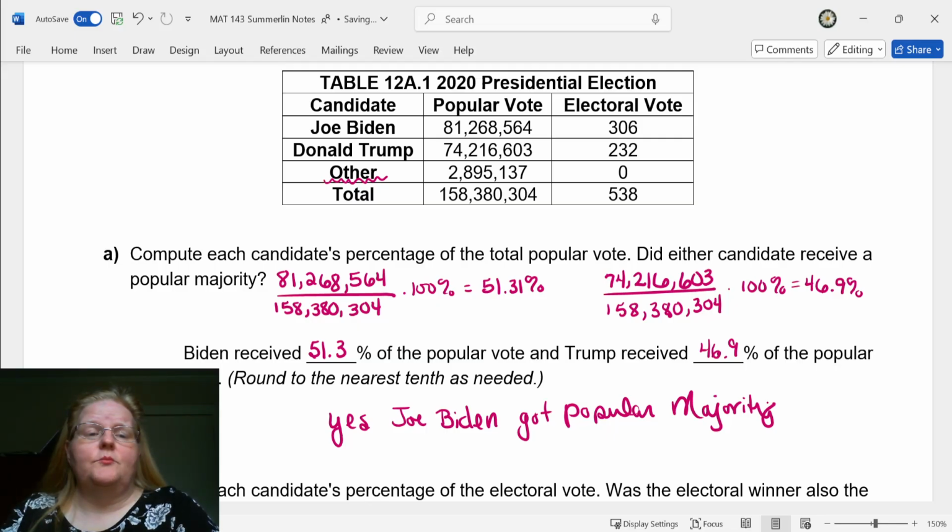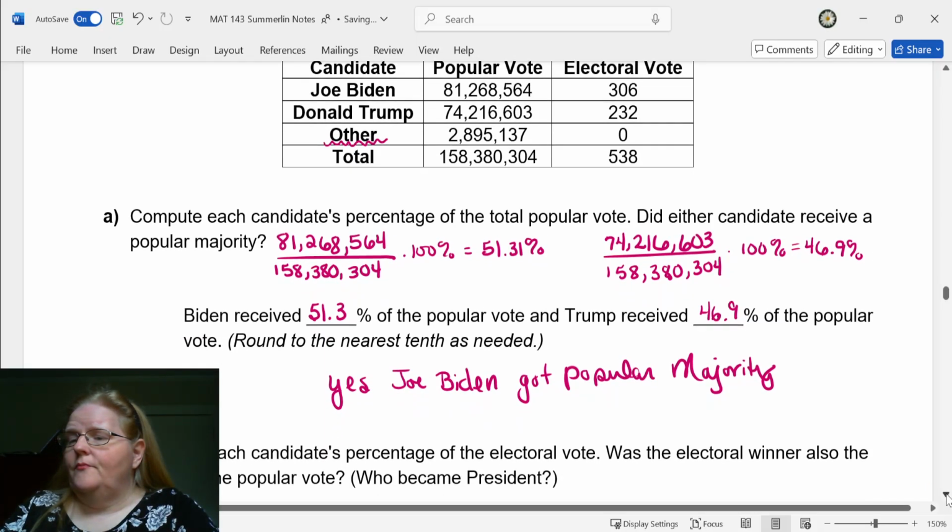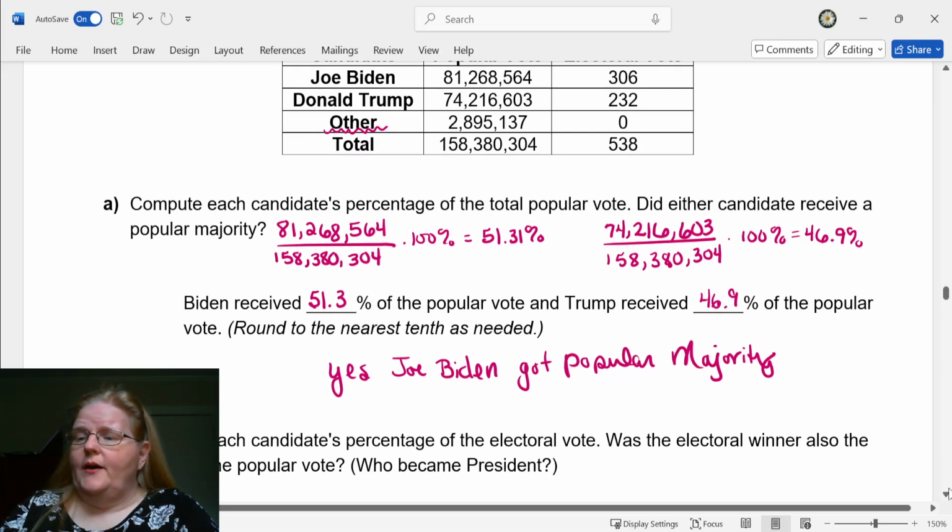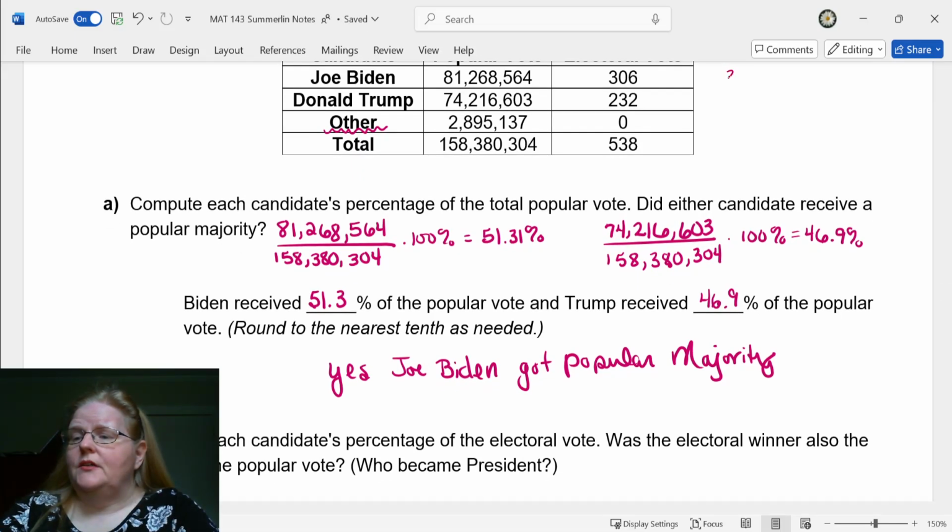Then they want us to compute each candidate's percentage of electoral vote. So I have to take the 306 and put it on top of the 538 and do it times 100%. And that's going to give me 56.9%.